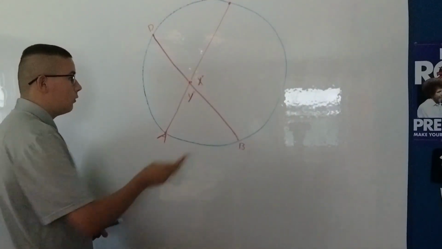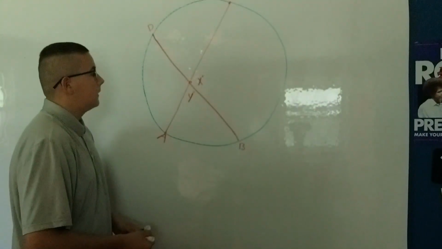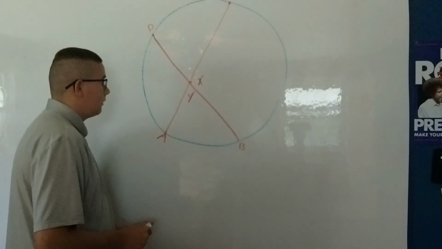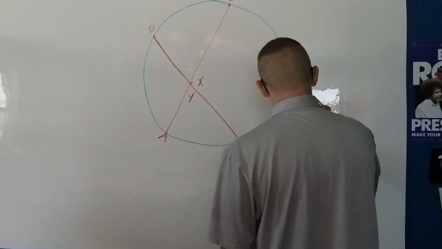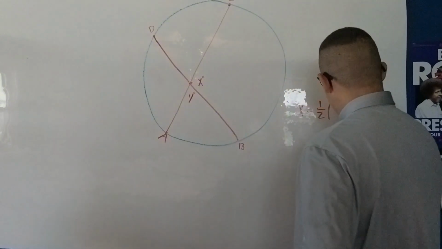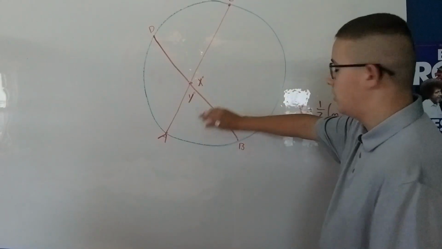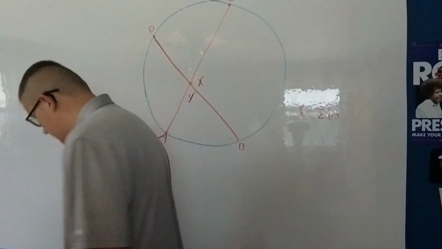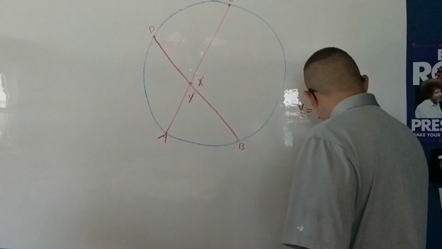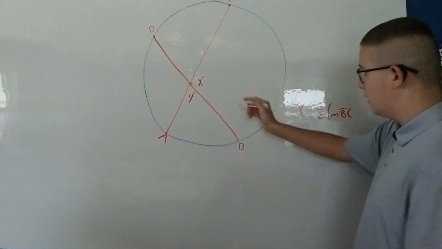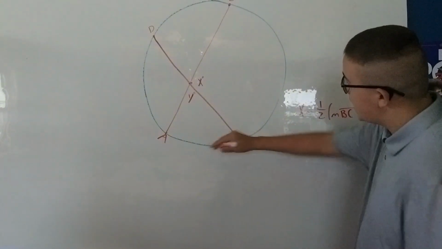right? If we want to solve for the angle X, x equals 1/2 of the measure of arc BC, the arc that it's on, plus the measure of arc AD.